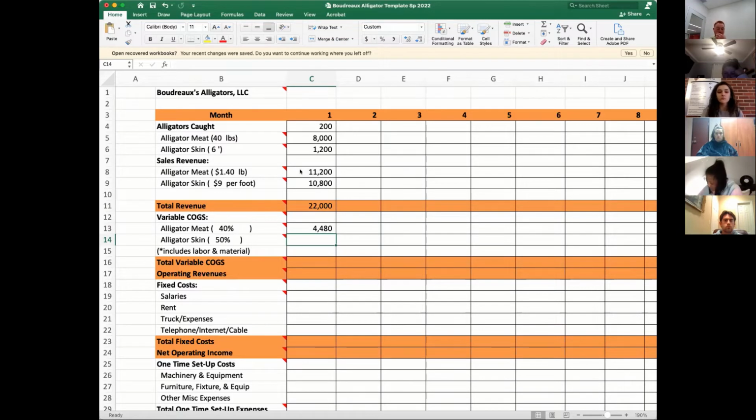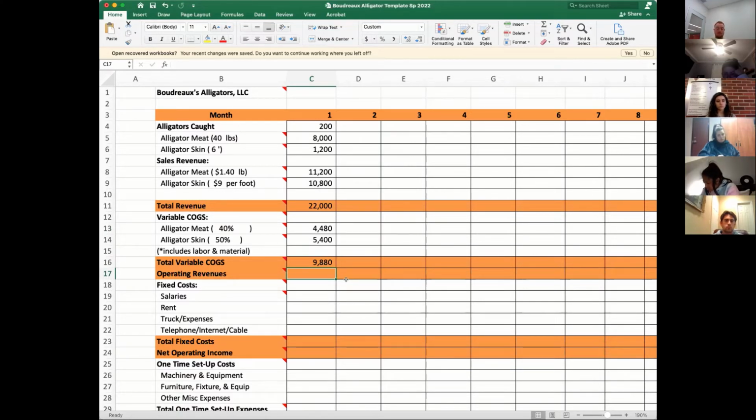It's going to cost him to get the alligator skin processed. Then he says the skin is going to cost 50%. So he has $10,000 but times 50%. And if we sum those two together, we see his expenses are $9,880, his variable cost.